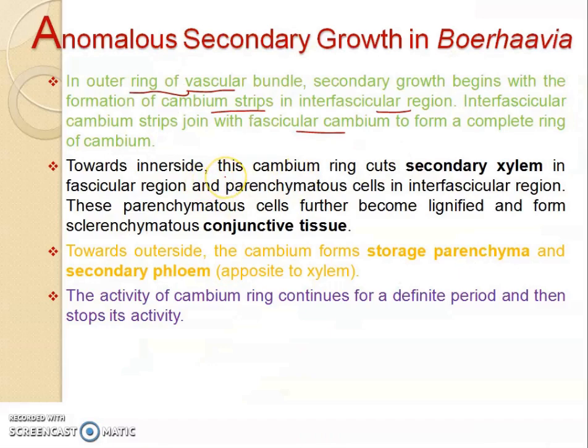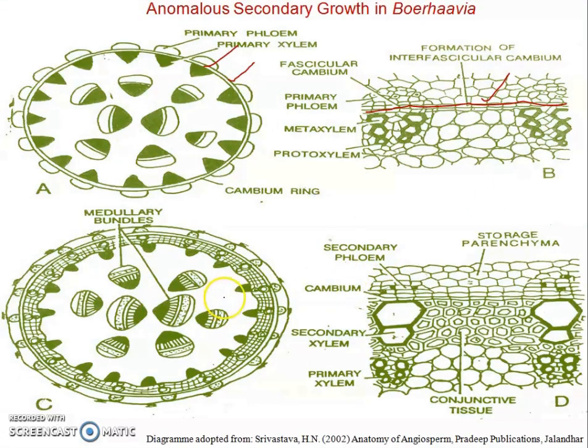Towards the inner side, this cambium ring cuts secondary xylem in the fascicular region and parenchymatous cells in the interfascicular region. So it cuts the secondary xylem towards the inner side and parenchymatous cells towards the outer side region.